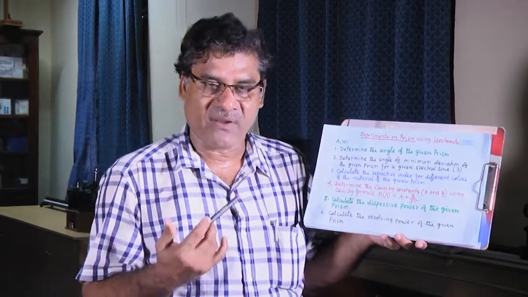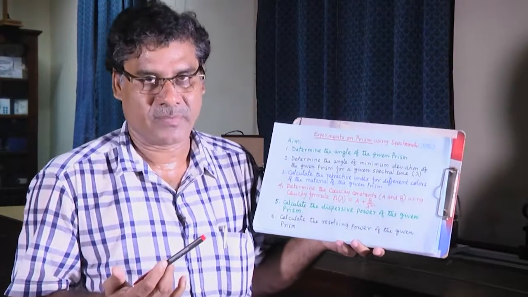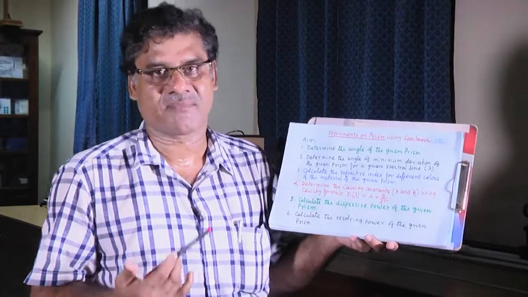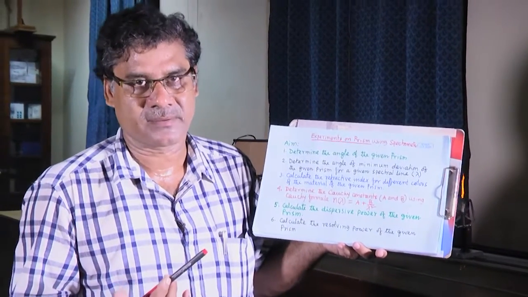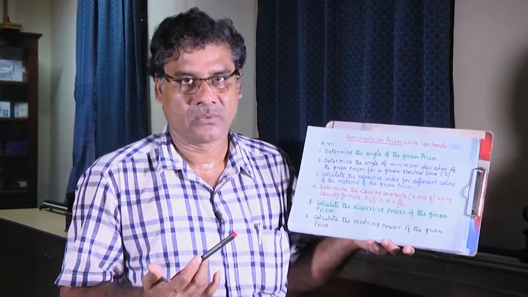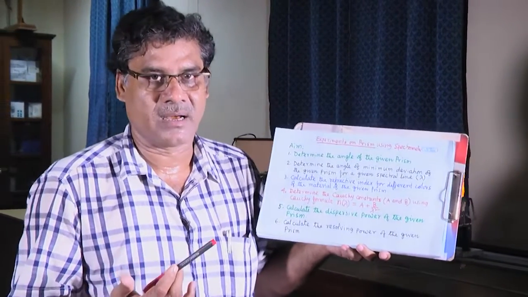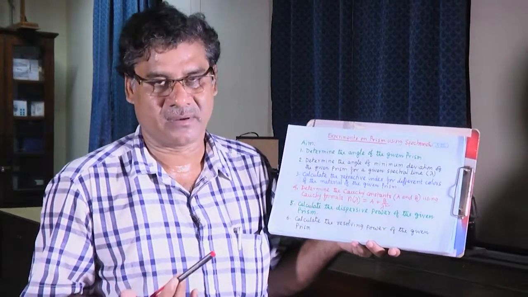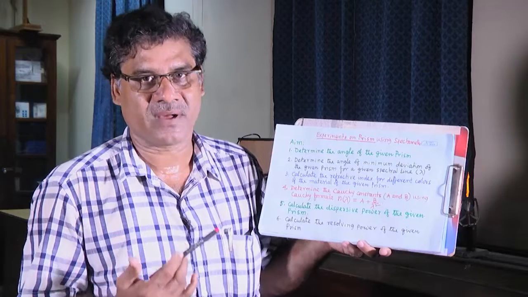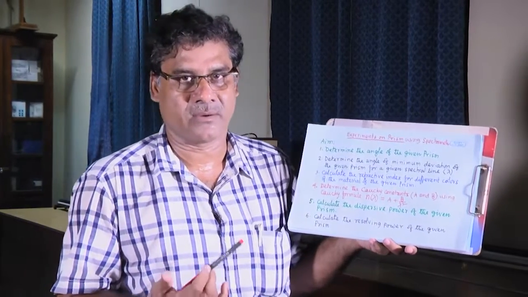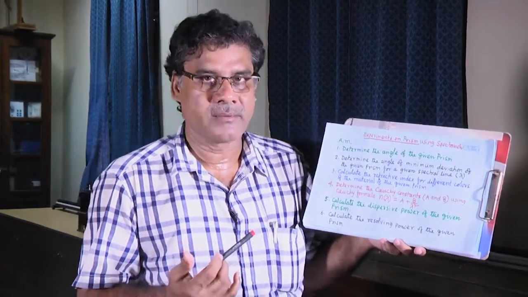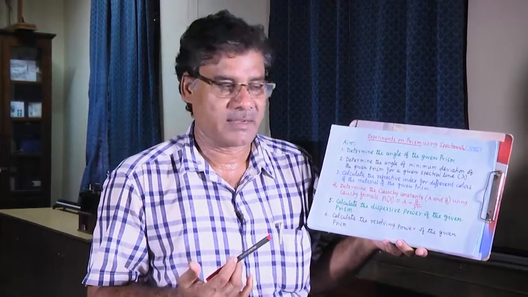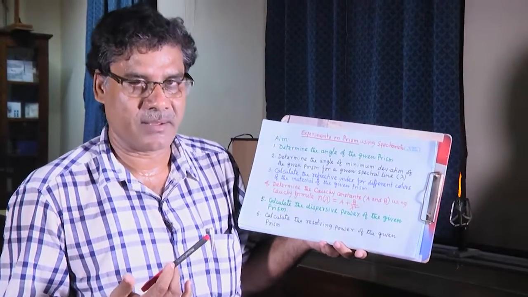One can find out the refractive index of the material of the prism, and refractive index is a function of the wavelength of the light. How refractive index varies with wavelength, one can find out. And one can verify the relation between the refractive index and the wavelength, that is the Cauchy relation, Cauchy formula.